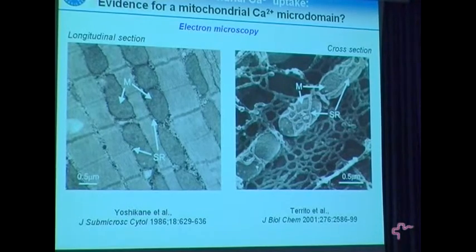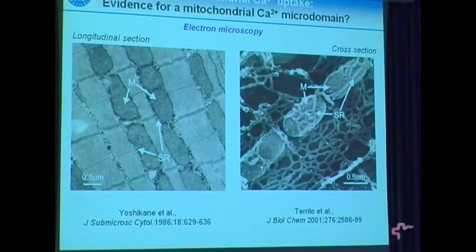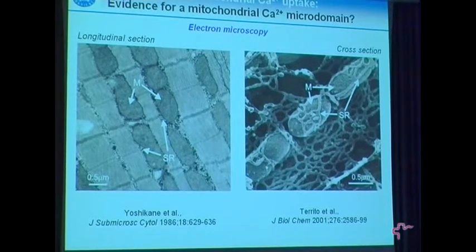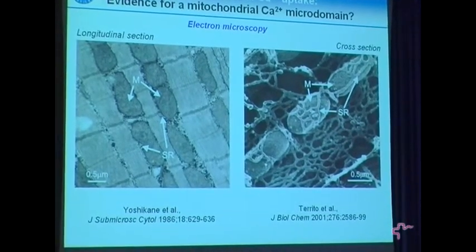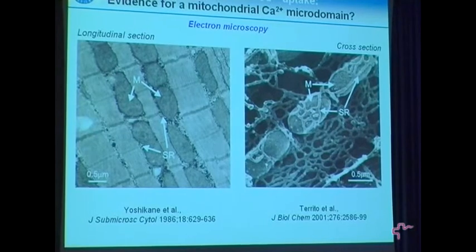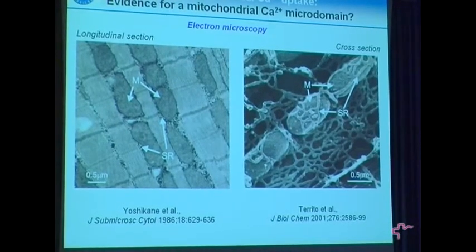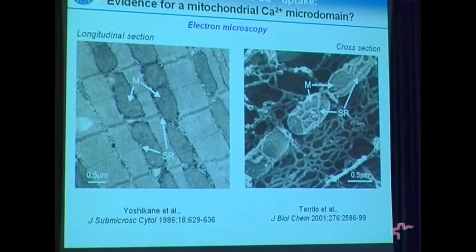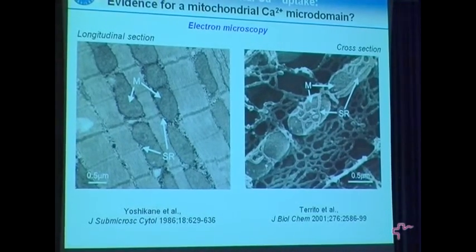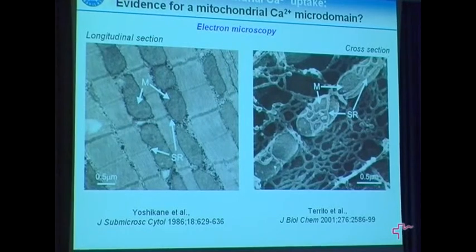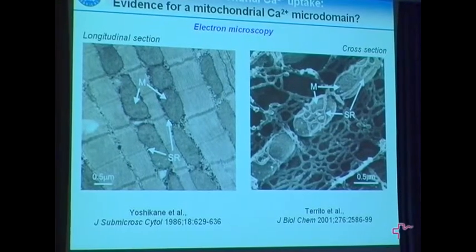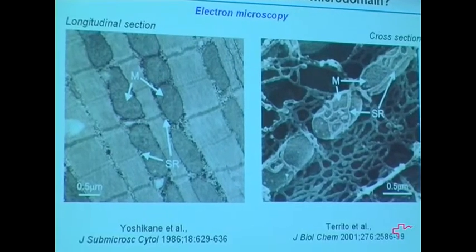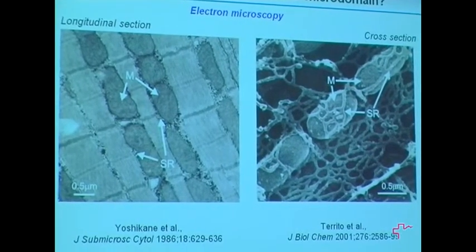It is also known that in the nanometer distance from the ryanodine receptor, there are calcium concentrations occurring for a very short time that are far beyond 1 micromolar, but rather between 10 and 100 micromole per liter. So this close association would be a microdomain in which the very high calcium and a very coordinated calcium release would be sufficient to overcome the low affinity of the calcium uniporter.